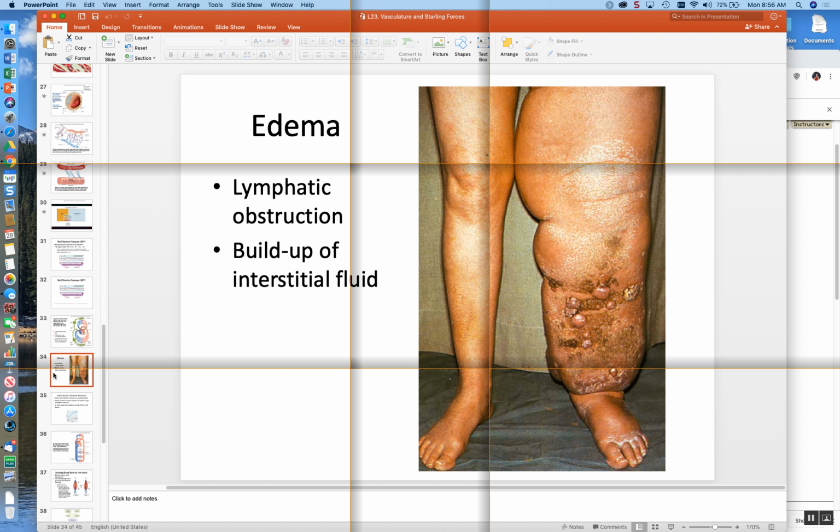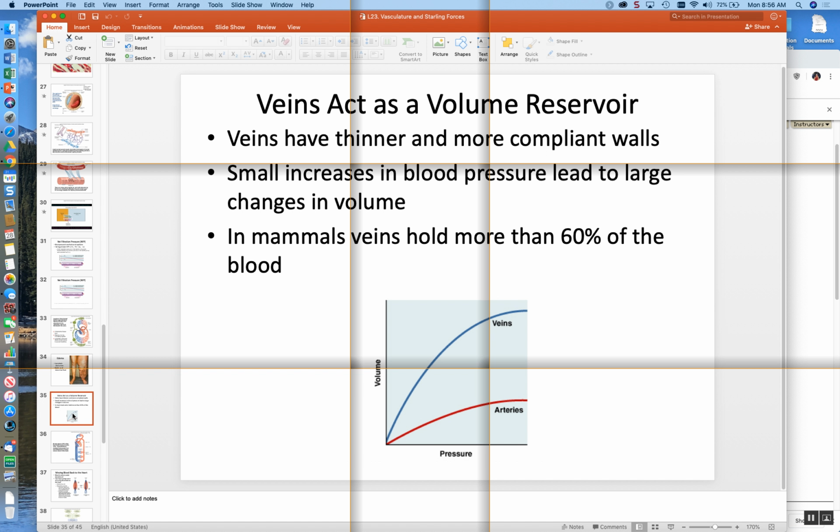When that occurs, the lymph system can't return that last 1/10 of the fluid, and edema happens. It's a buildup of interstitial fluid. So it's a good example of the role of the lymph system.